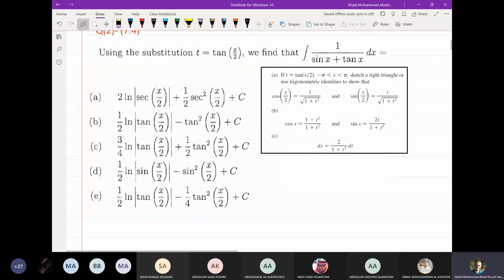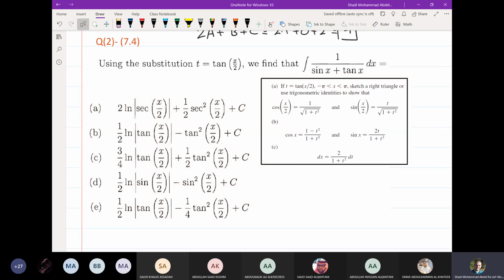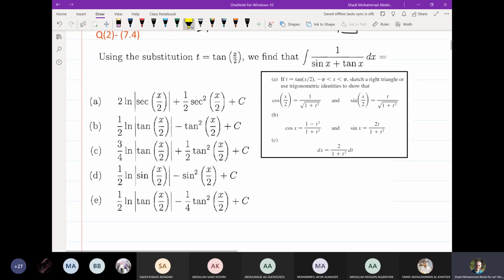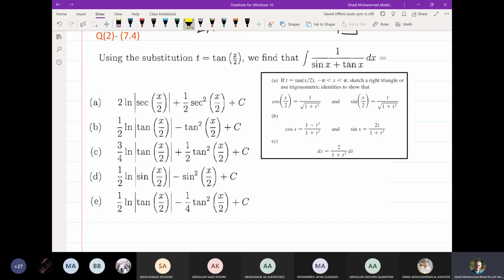Now let me go back to this important idea. We call it special substitution. For this special substitution, I put already here the rules you need. Usually in the questions, we bring this form using the substitution t equals tan x over 2.